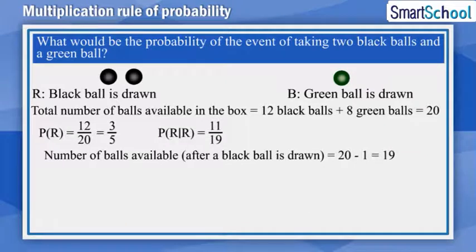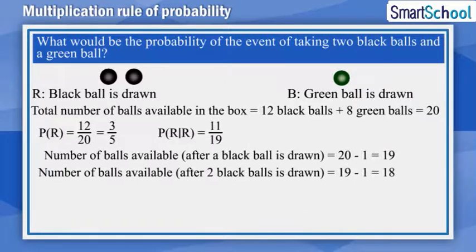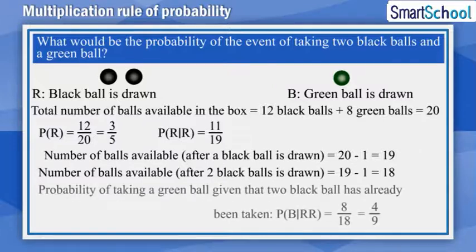Since another black ball is drawn, the total number of available balls in the box is 19 minus 1, which is equal to 18. Therefore, the probability of taking a green ball with the condition that 2 black balls have already been taken is given by the probability of B given RR. This is equal to 8 divided by 18 or 4 divided by 9.